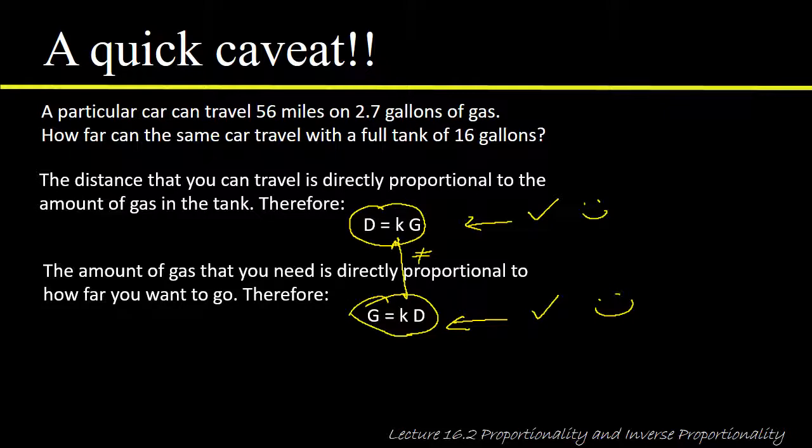In fact, in general, they're going to be different. So you can write the equation either way. You can say y is proportional to x or x is proportional to y. Write it either way, but whichever way you do, make sure you stick to that for the duration of the problem. Okay? That's the important caveat for direct proportionality problems.